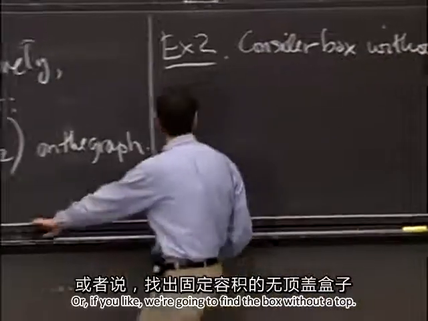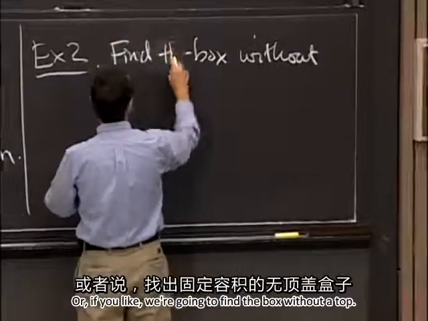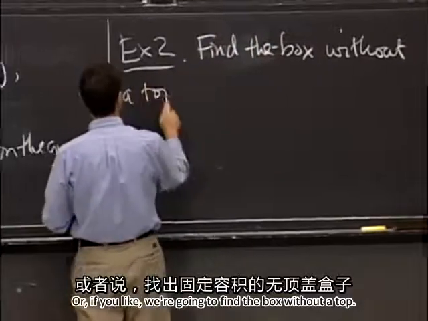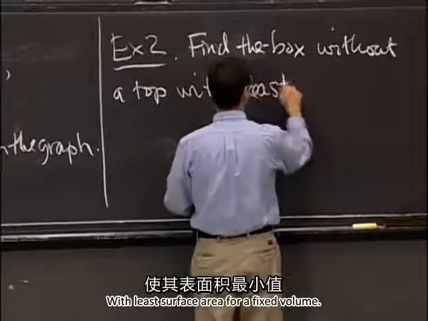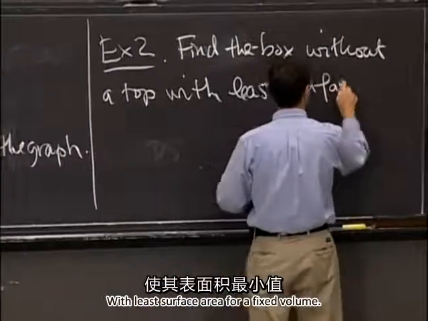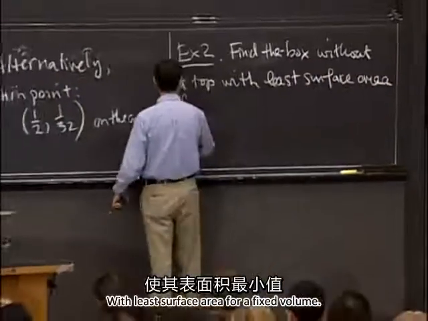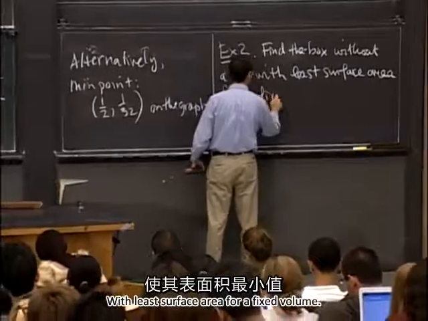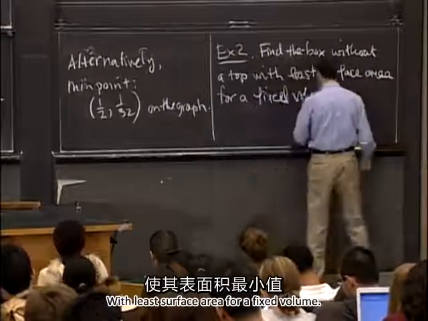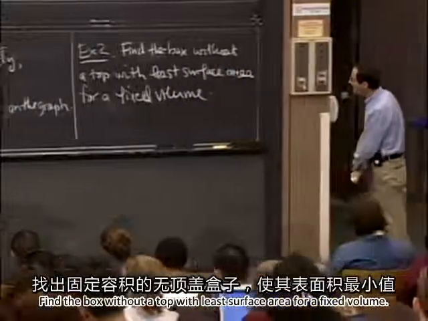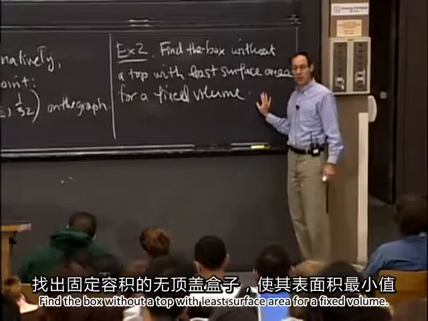Or if you like, we're going to find the box without a top with least surface area for a fixed volume. All right? Find the box without a top with least surface area for a fixed volume.